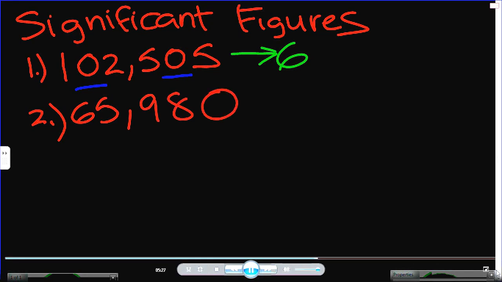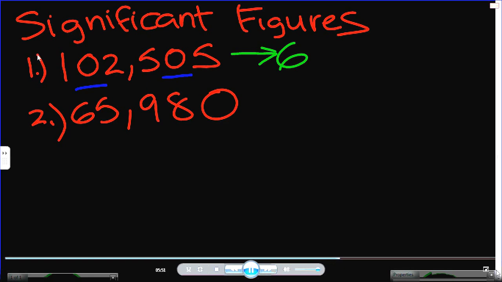Now, in this next number, we're going to look at another one of those rules, and here we have 65,980. And the only question is really about that zero found on the right-hand side. Now, it might be tempting to consider that zero significant, but it is not significant in this case. In fact, zeros found to the right of a number when there's no decimal point are not significant.